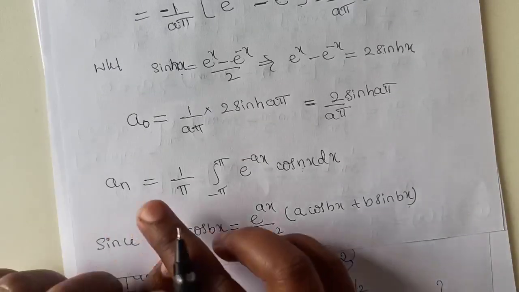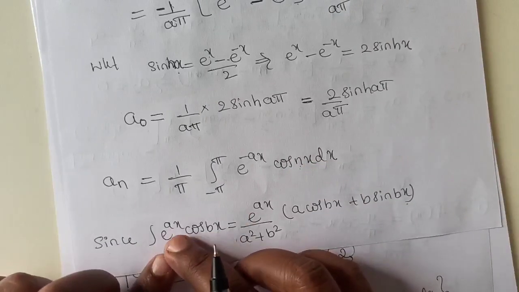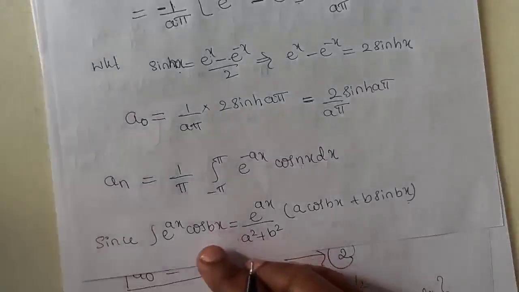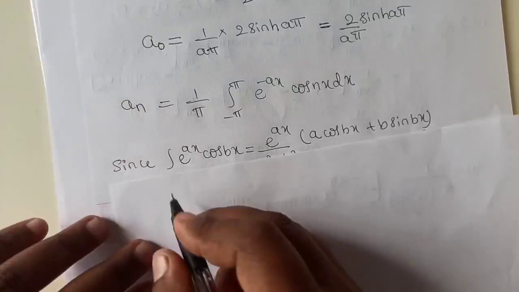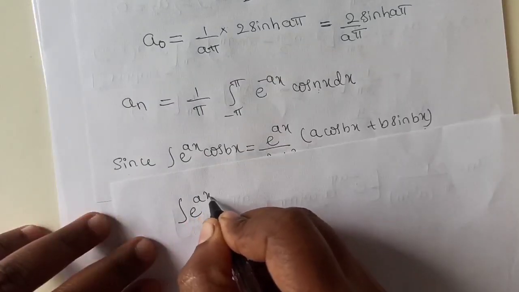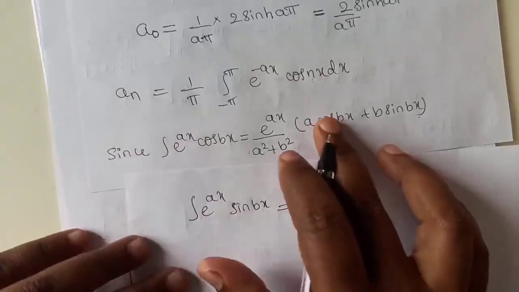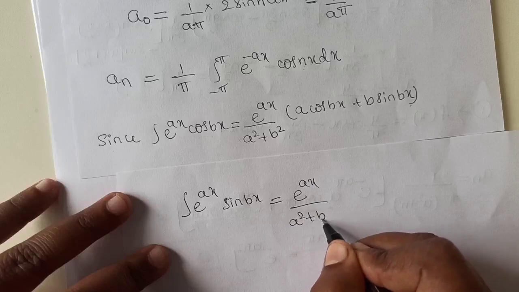In the case of bn we get sin nx, so we use the e raised to ax sin bx integration formula. This is similar to the cos bx one, that is we get e raised to ax over a square plus b square, same as it is.